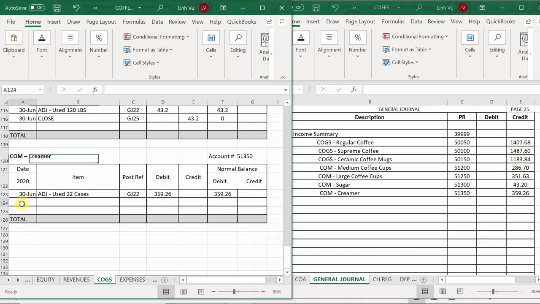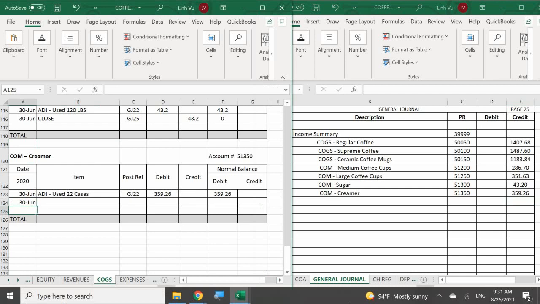Okay. Right here. June 30th. Close. General Journal 25 for 359.26. And that should definitely give you an account balance of 0.